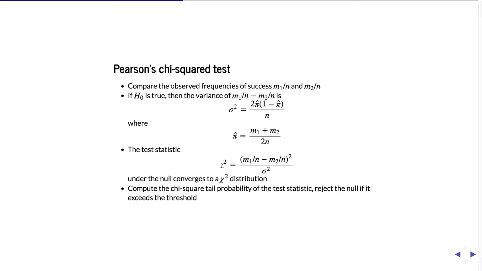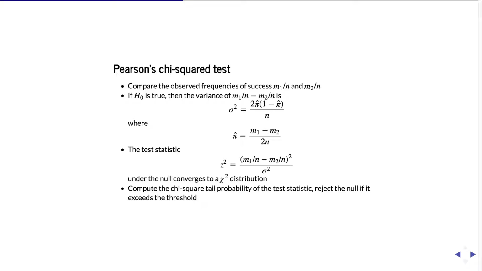If the null were true, I would know that the probabilities were the same, and the variance would add. I can compute an estimate, pi hat, of the probability of seeing heads for both groups, and then I could also compute the variance in that estimate.